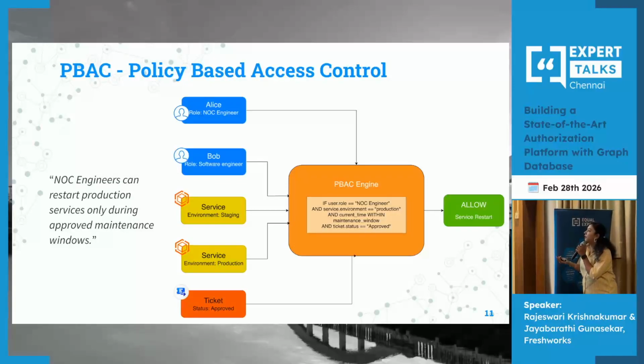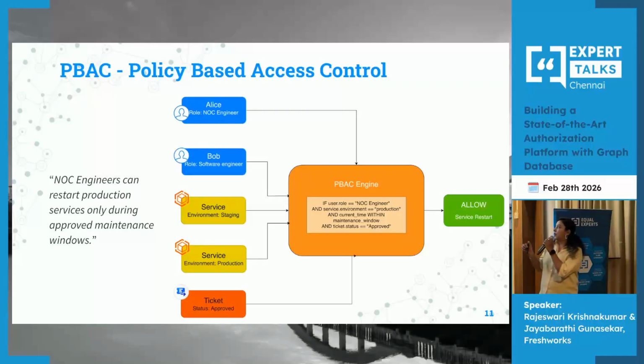Here you can define the condition, just translating the policy into a simple if-else condition: if the user role is a NOC engineer, the service environment is production, the current time is within the maintenance window, and the ticket status is approved, only then allow service restart.